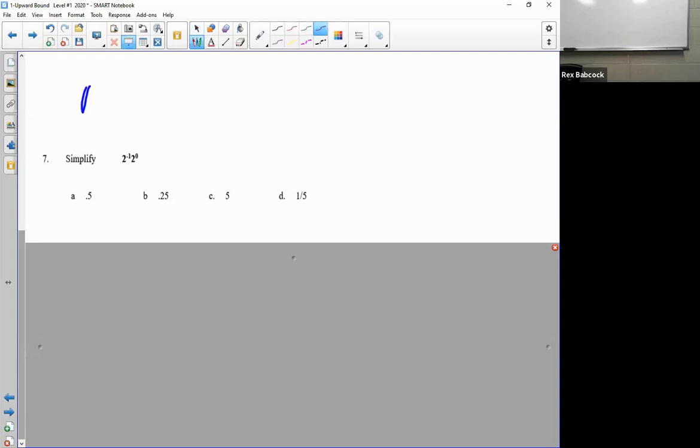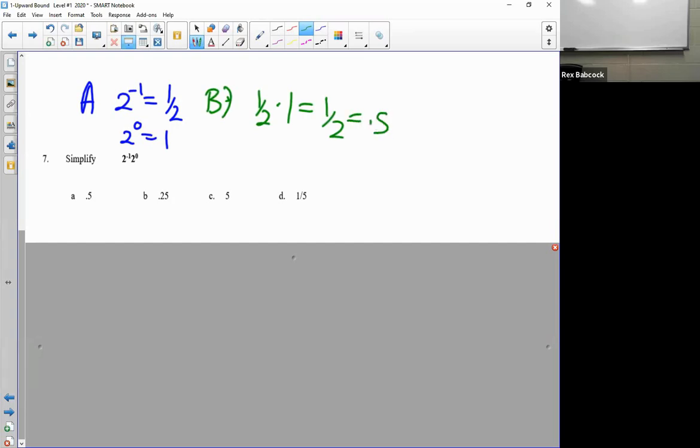My step A, 2 to the minus 1 equals 1/2, and 2 to the 0 equals 1. Step B, I have 1/2 times 1. That equals 1/2, which is 0.5, and the answer is A.